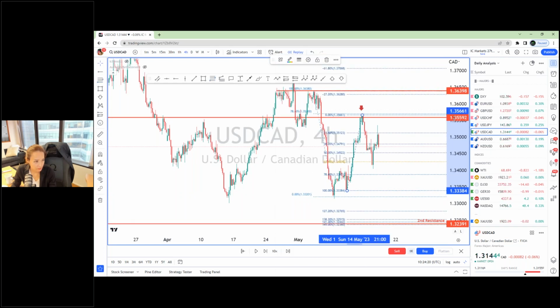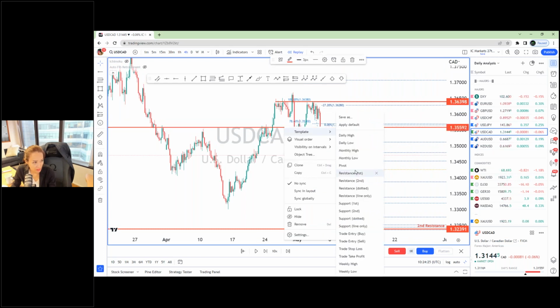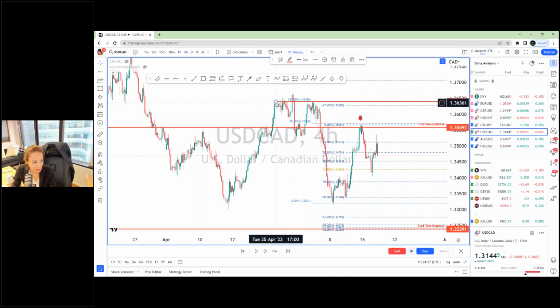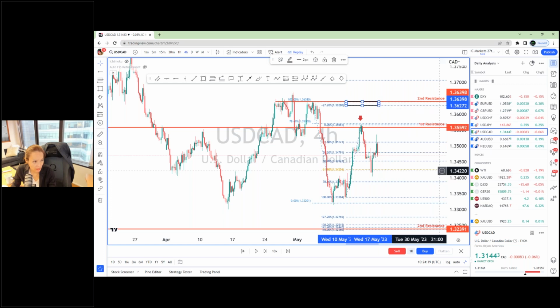Okay, here, so now this could be my first resistance, right? And this could be my second resistance, which lines up with negative 27.2%. Why can I do this? It's called expansion. Why can I do expansion?